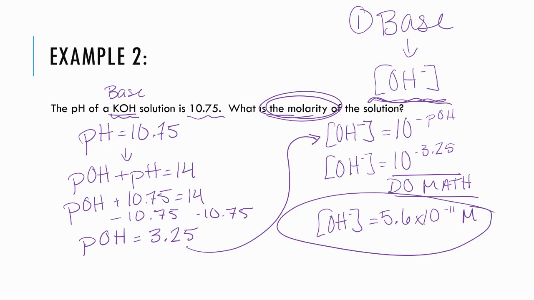So to recap with this one, since I was dealing with a base, I honestly had to do a little extra work, right? I had to translate from the pH, which is a common value to be given, to the pOH, and then use that pOH to solve for the OH minus concentration. So in a sense, the pH scale was built with acids in mind, or we assumed that acids are going to be able to go right to that pH scale.